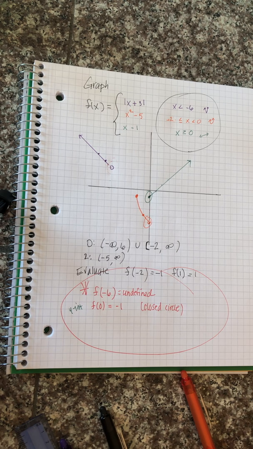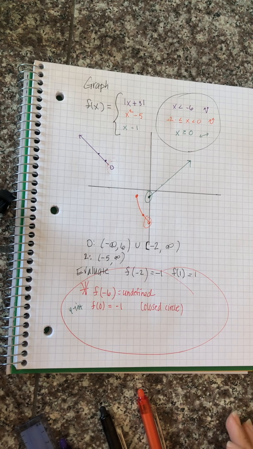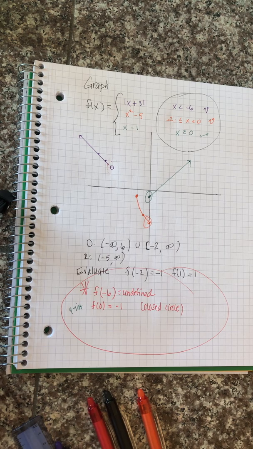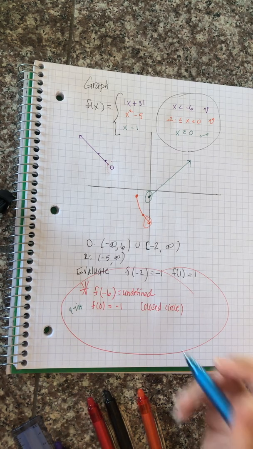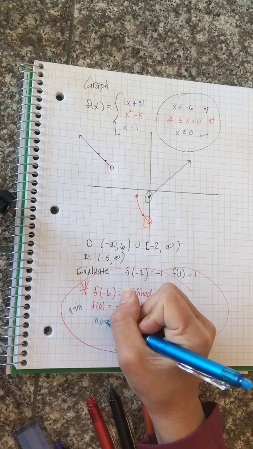All right, ready? What if I asked you for the limits? Okay, let me write this down for you. So first thing you need to know is notation. More notation.